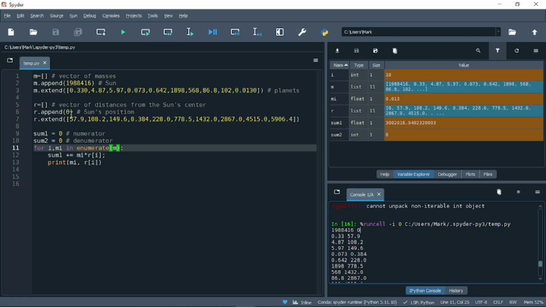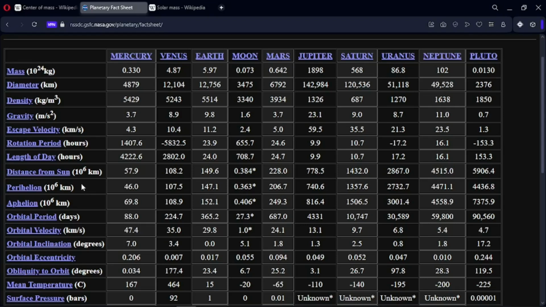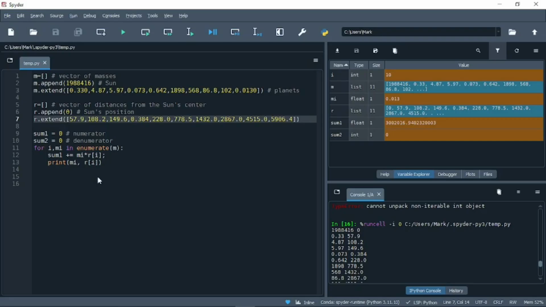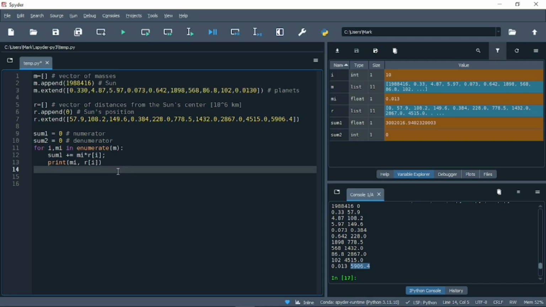So the Sun's position is 0, and the last is 77.9. What's the actual measure here? The distance from the Sun is in units of 10 to the power of 6 kilometers. And this is our last one, the last planet, Pluto, which is not contributing much, like the Moon, as it has a small mass.